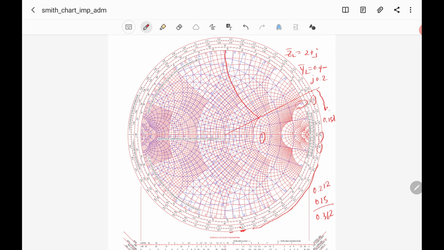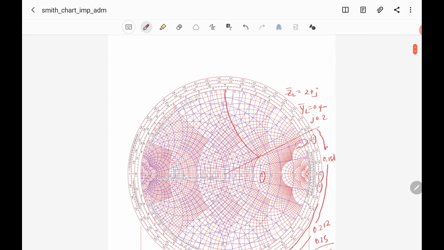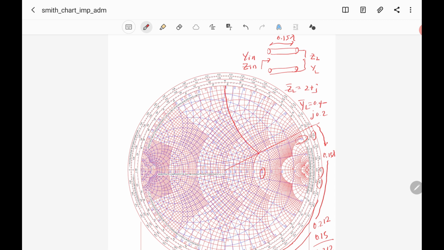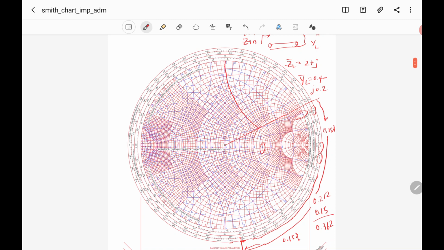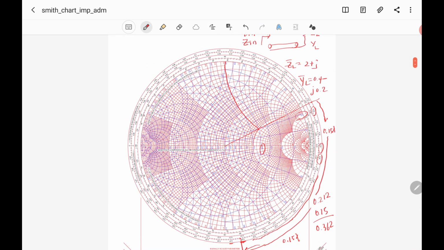From here to here is the 0.15 lambda transformation, which means 0.15 lambda from this ZL or YL, whatever. This point represents Yin or Zin.